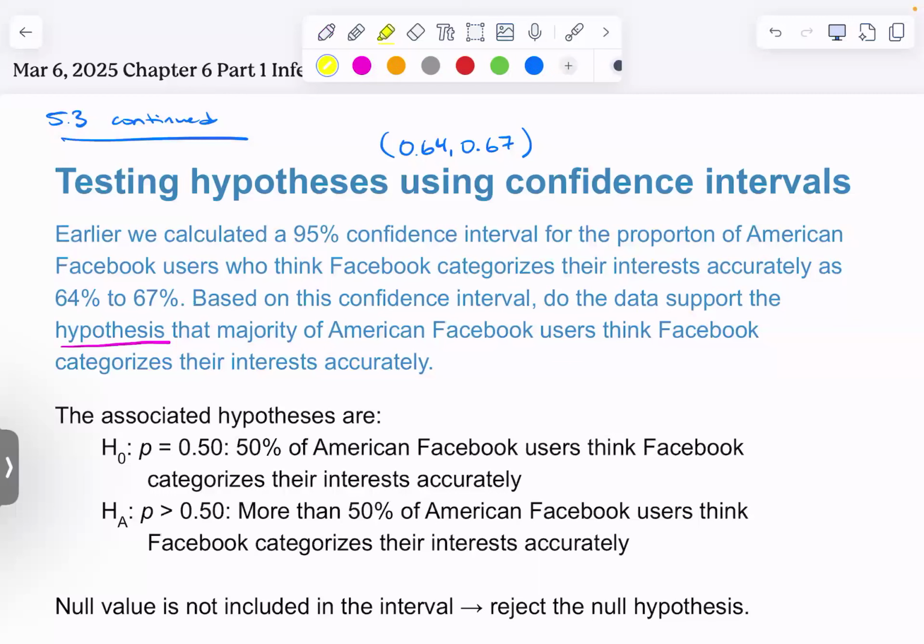Here's one, a majority. It comes up quite often in the assignment questions. And I always get questions, well, it just says a majority, what does that mean? If you take a step back, a majority means more than 50%, right?